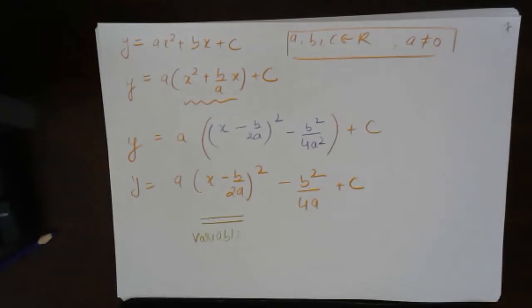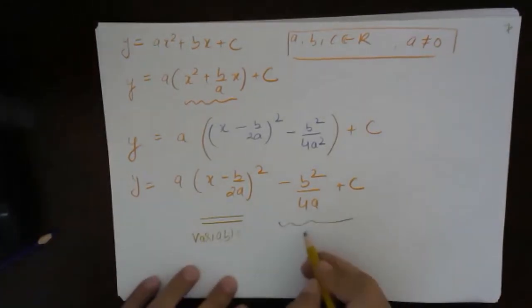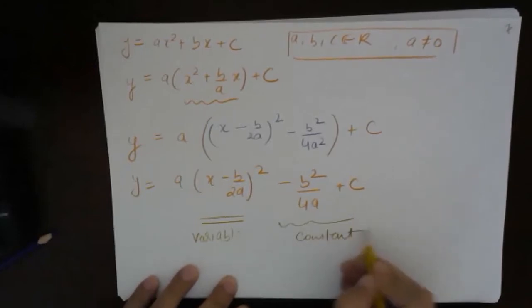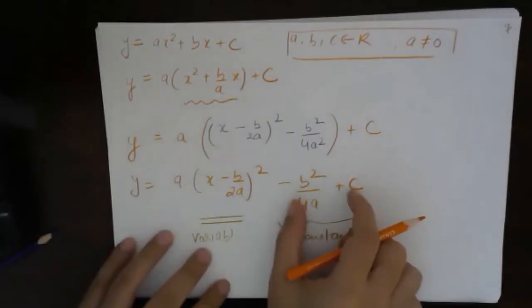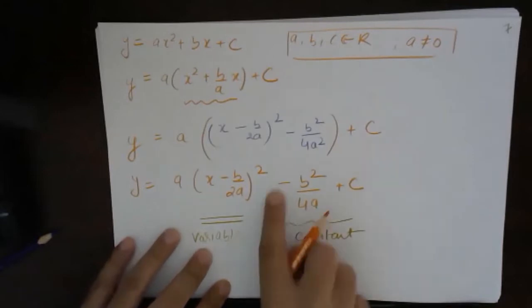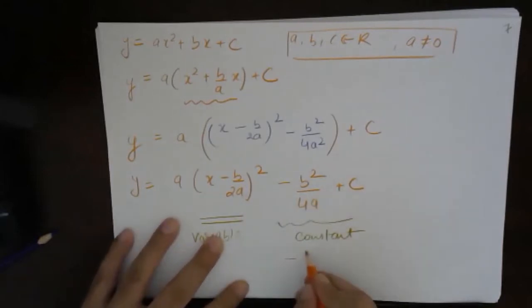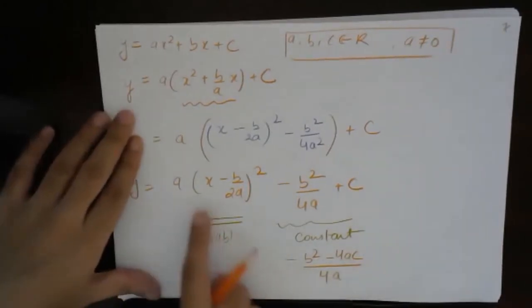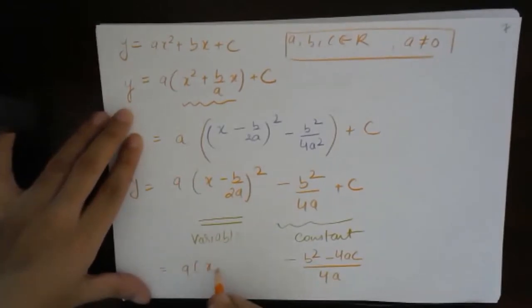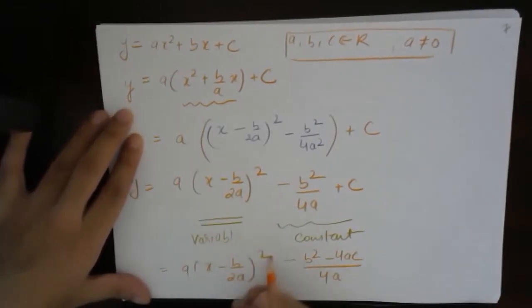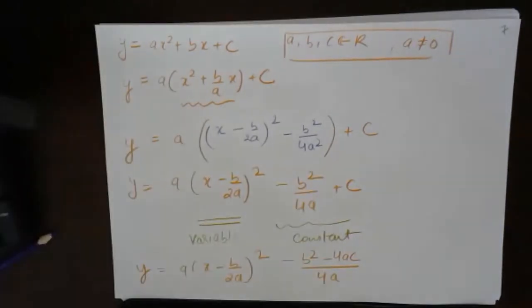Okay, so this is the constant. What I'll do is combine this. If I take minus common, this will become minus of b square minus 4ac by 4a, and this is nothing but a into x minus b by 2a whole square. This is y. I will write this equation once again.